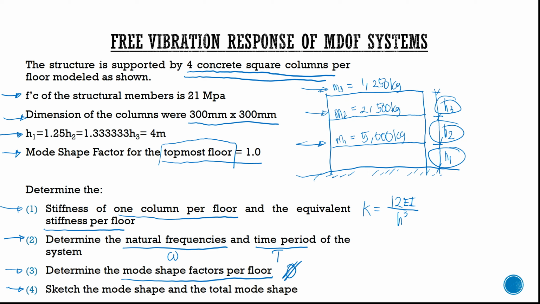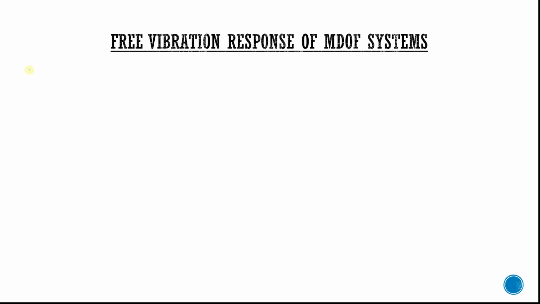So let's start with our very first step. What are the steps in calculating the mode shape factor for an MDOF system? First, you need to get the stiffness matrix and the mass matrix. Then you need to get the matrix of the stiffness matrix minus omega squared times the mass matrix, and then get the determinant of that.